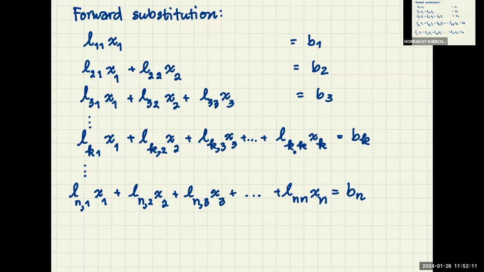If you write down the coefficient matrix, it is a lower triangular matrix, okay? You have lower triangular matrix as the coefficients. So forward substitution, the first unknown, you can find it easily.